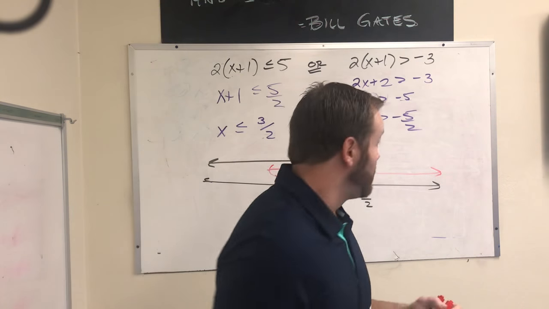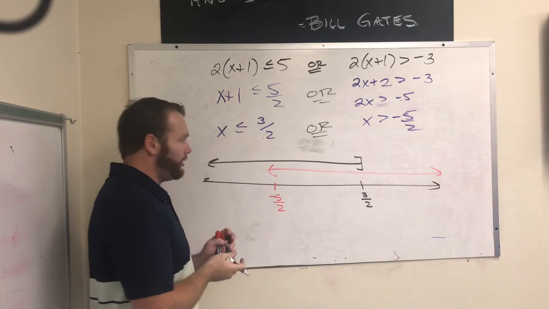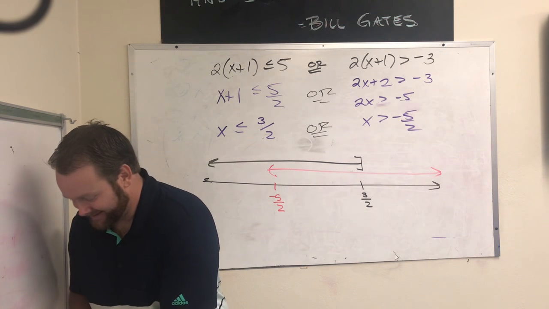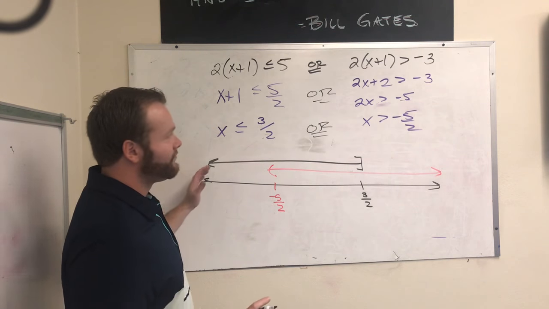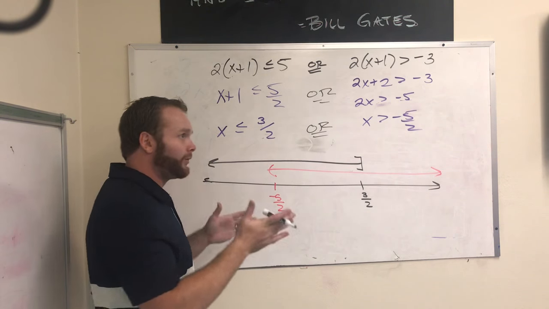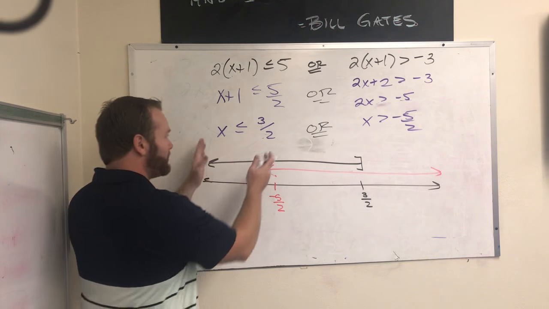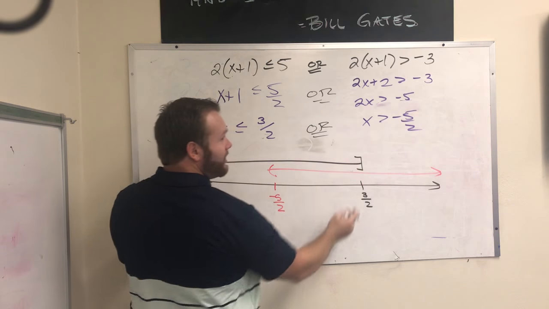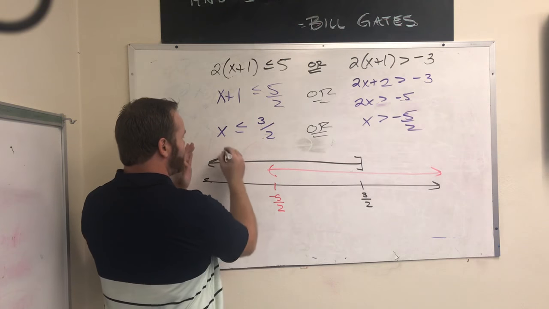Now, if you're neglecting the fact that we've got an or statement here, and you're just saying, I'm going to go through the procedures that Mr. Fay told us, and we write down that inequality there. Looking at that's the black graph, right? And you say, okay, well, that goes from negative infinity.